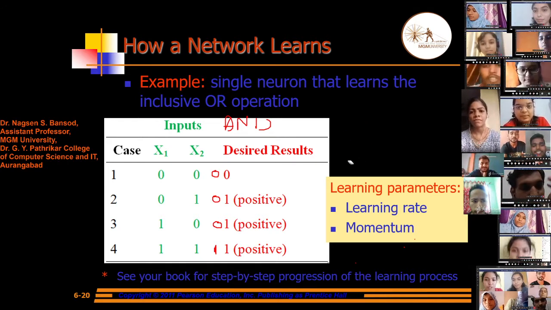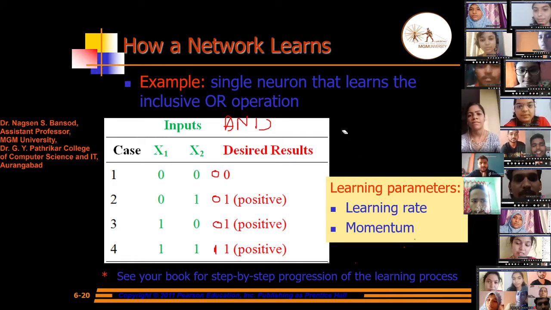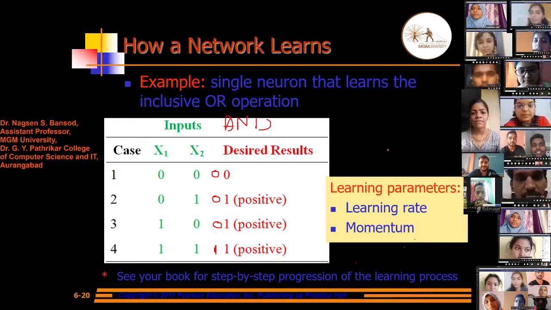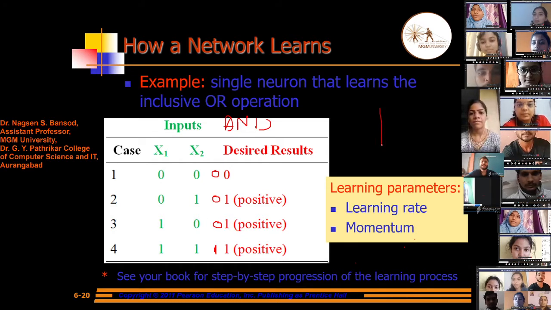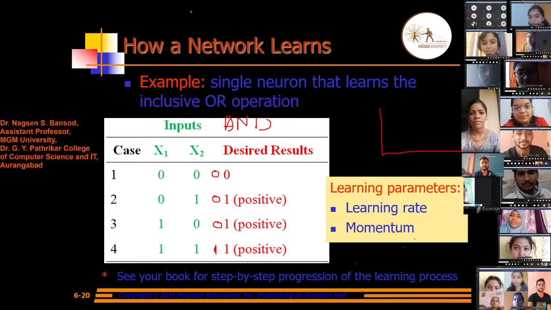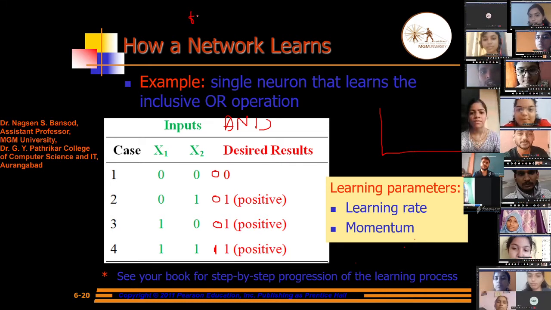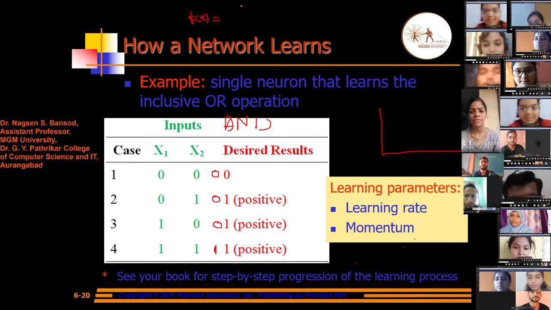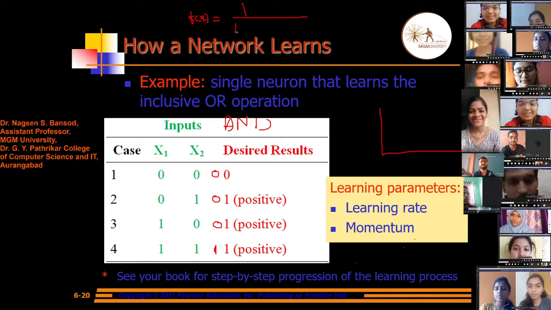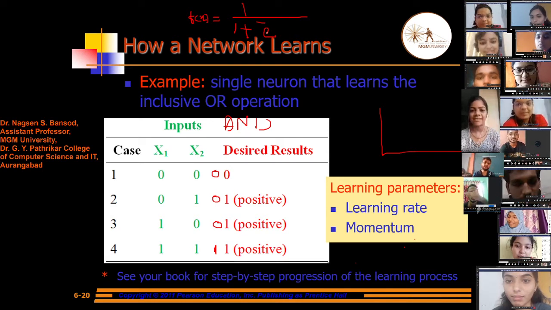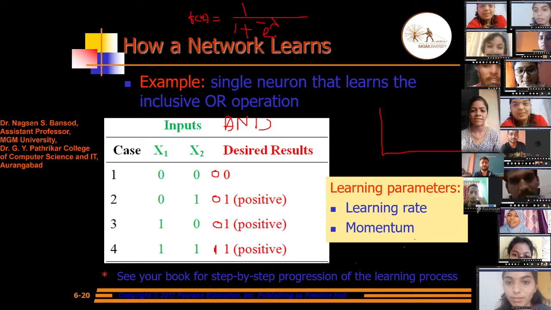The output of the sigmoidal function is like a dumbbell shape. Suppose we are using the sigmoidal function. The formula of the sigmoidal function is f of x equal to 1 upon 1 plus e raised to minus lambda.